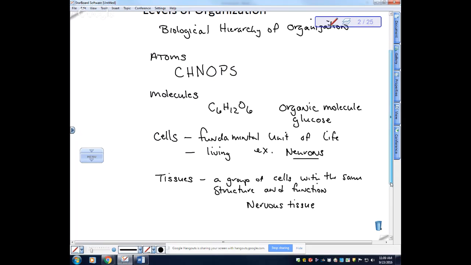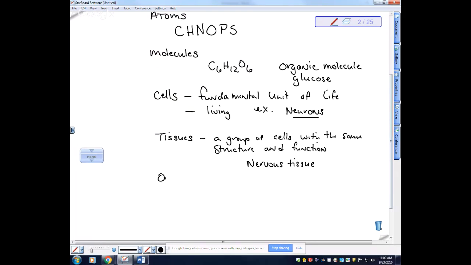So when we look at the next level, this would be the organ. This is really important because an organ has more than one type of tissue. So let's use the example that I just gave of the digestive system.